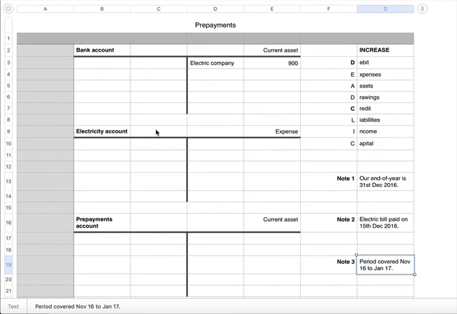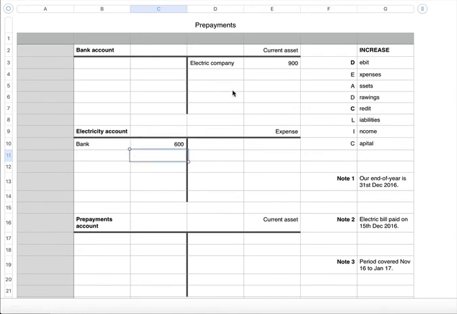We're increasing the expense of electricity, and an increase in expense is a debit. So we move to the debit side and we put the bank account in there because that's where we paid it from. But if you remember, only 2 of the months relate to this year. If it's £300 per month, 2 of the months are £600.